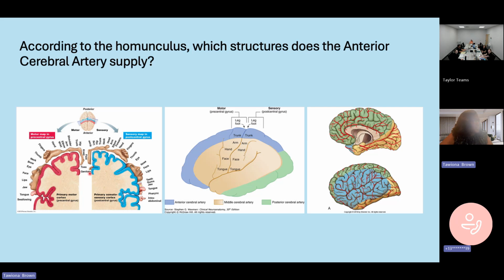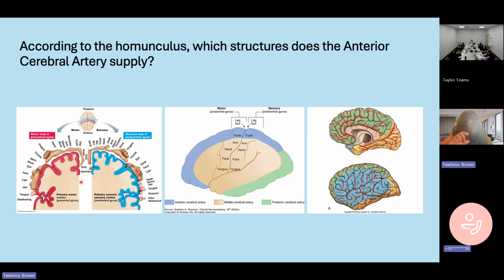And you see the genitals here, where they show it over here on sensory. So if someone has a lot of urogenital issues or incontinence and lower extremity effects, both motor and sensory, that's going to be because of a lesion to the ACA. So really the homunculus is like a body map, showing you what extremities are going to be more impacted or impaired.